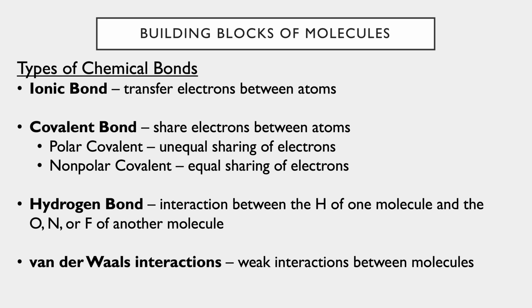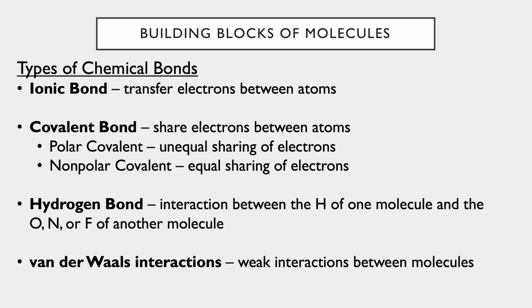The next level chemists study is how atoms group together to form molecules. This is done through chemical bonding, and there are several types of bonding or interactions that can occur between atoms. We are only going to discuss 4 of these types. The first 2 of these types of bonding involve the interaction of electrons between 2 atoms.